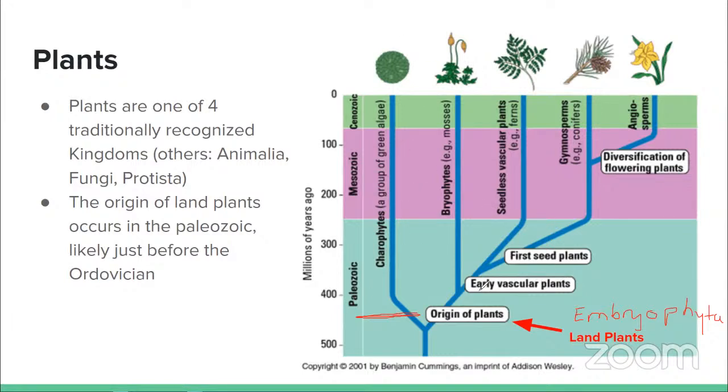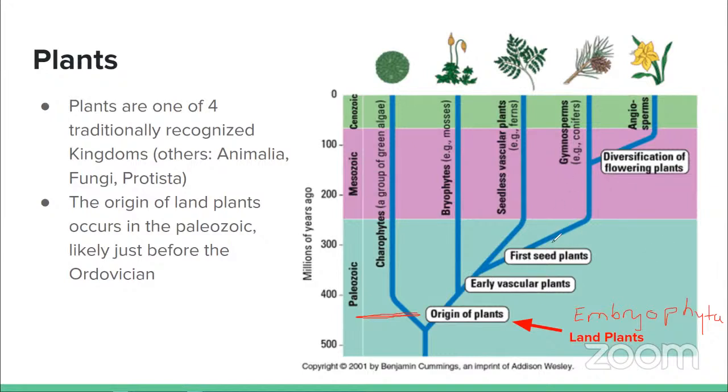Then we see the evolution of vascularity. So in the Paleozoic, this is where we're going to see the evolution of xylem and phloem. These are structures that allow sugars to move around the plant and allow water to move along the plant, and are why you can have trees, right? You can move water and the food that you're making further along.